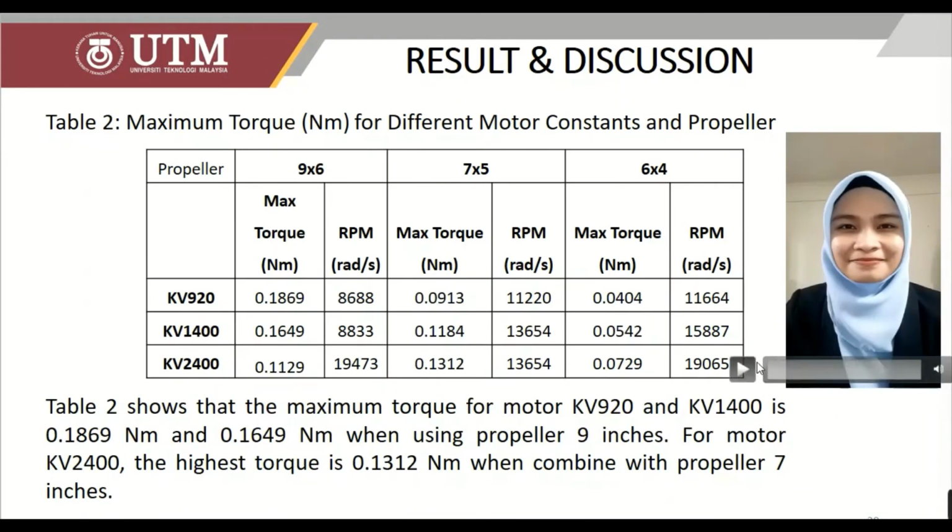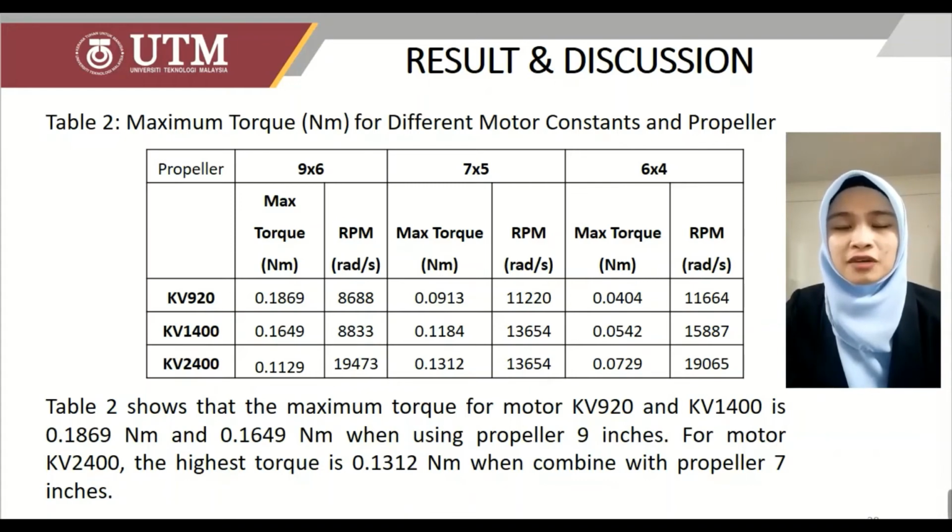It is the same for table 2, maximum torque for different motor constants and propellers, where KV920 and KV1400 achieve the highest maximum torque when combined with propeller 9-inch, but motor KV2400 achieves the highest maximum torque when combined with propeller 7-inch.